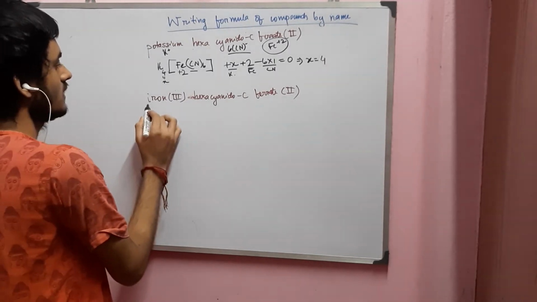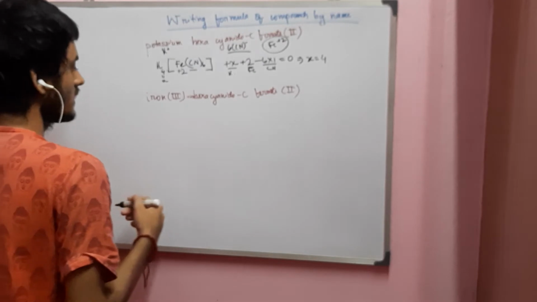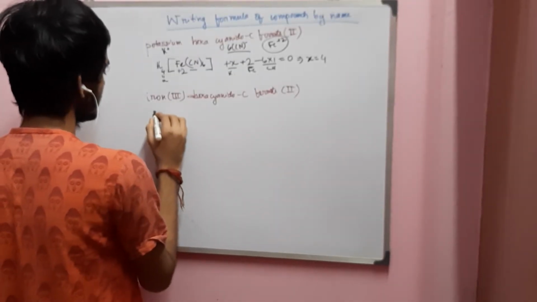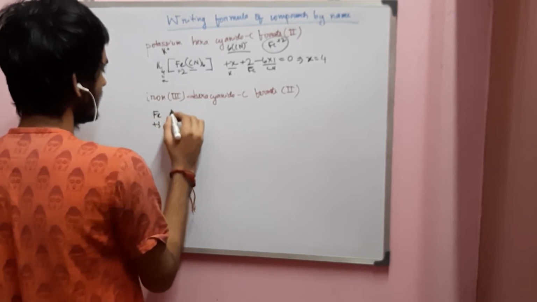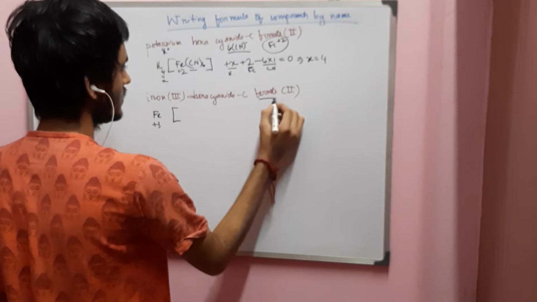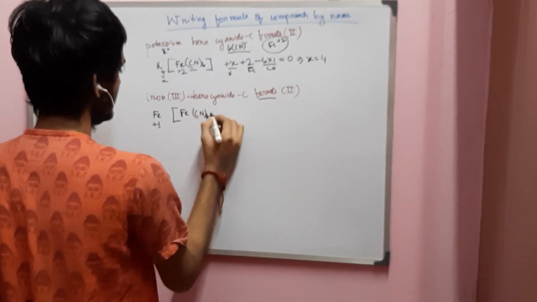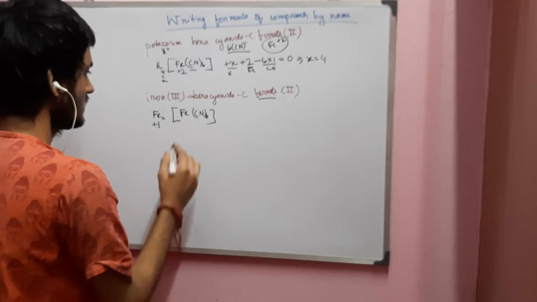Okay. Similarly, iron(III) hexacyanidoferrate(II). What is iron(III)? First we will write the cation first: Fe, which is in plus 3 oxidation state. Then the coordination sphere, ferrate(II): Fe hexacyanide, [Fe(CN)6]. Let's say this is x. What is the charge in the coordination sphere?